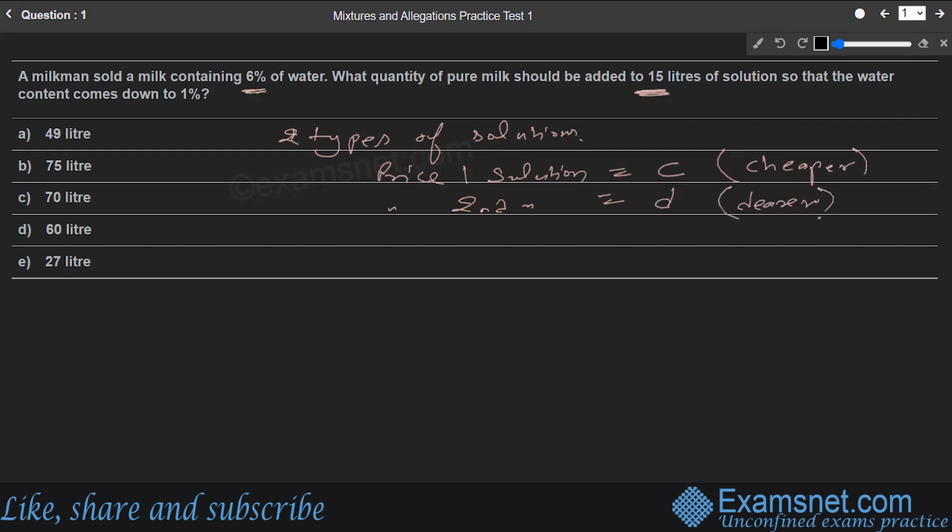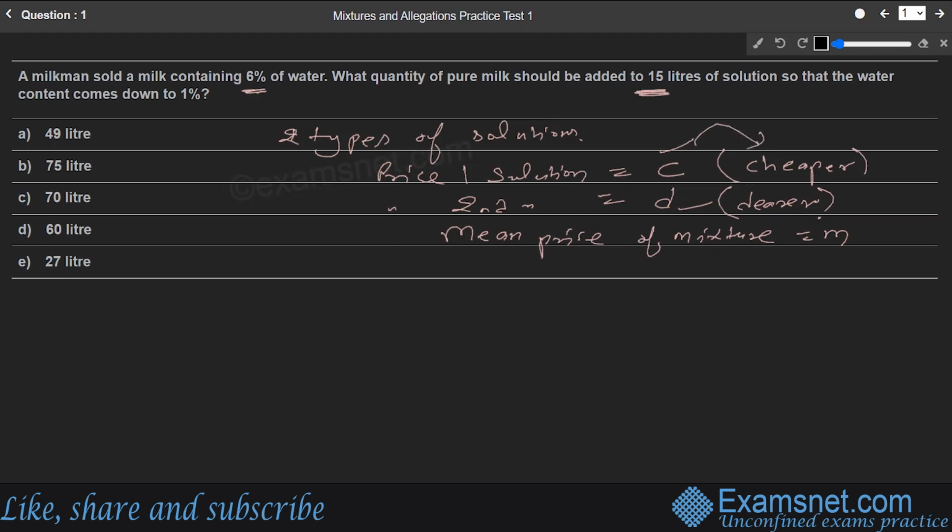So if these two types of solutions are to be mixed, then to find out in what ratio they should be mixed so that the mean price of the mixture that we are going to form is, let's say, M. C is one type of solution which is cheaper in price.